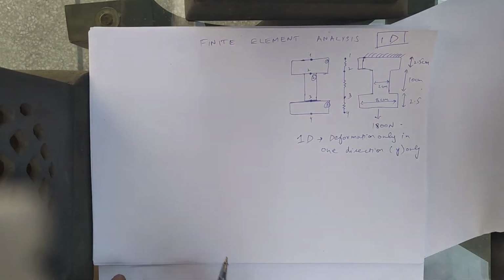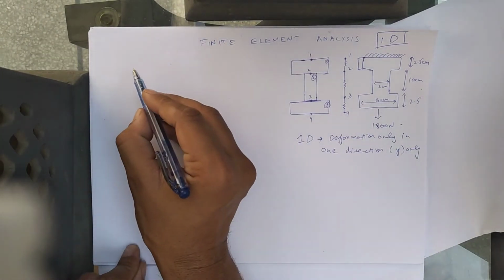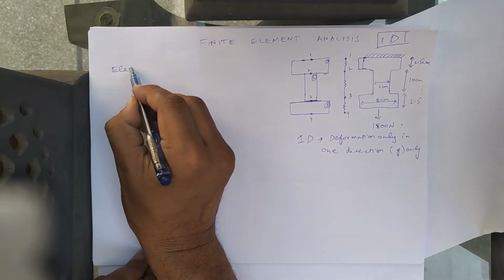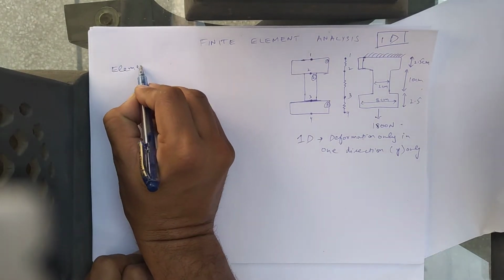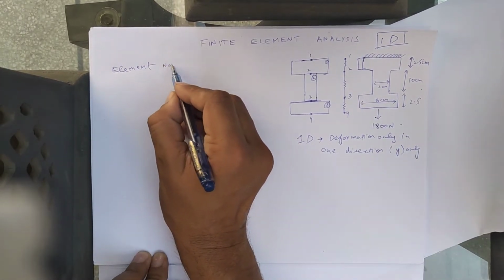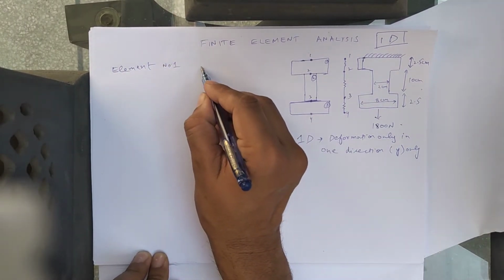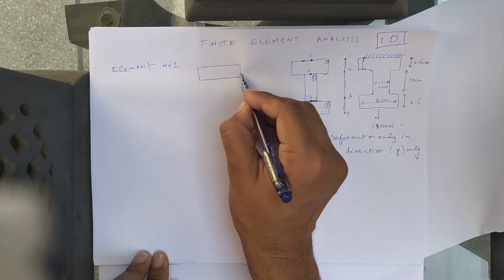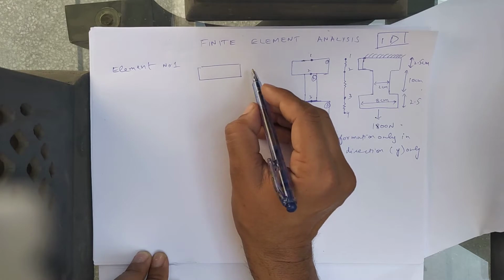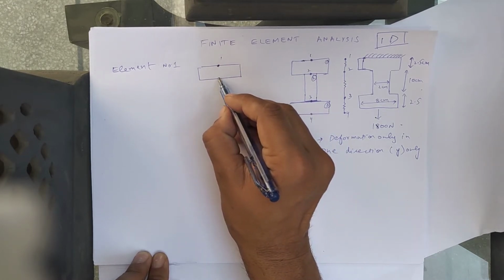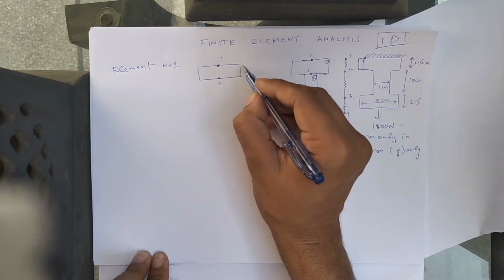So in this problem, we will take the elements one by one. For example, we have taken element number 1. We'll solve the elements one by one. So this is element number 1. In element number 1, we have node number 1 and node number 2.